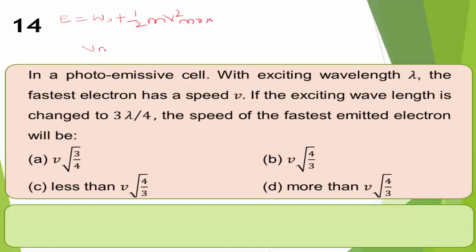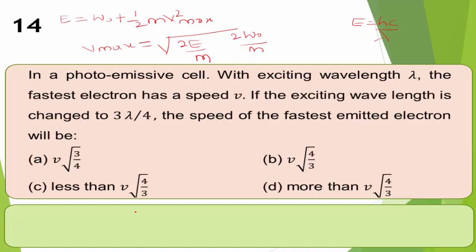But here we have to find the maximum speed, that is v maximum is equal to root of 2E divided by m minus 2W naught divided by m, because here E is equal to hc divided by lambda.